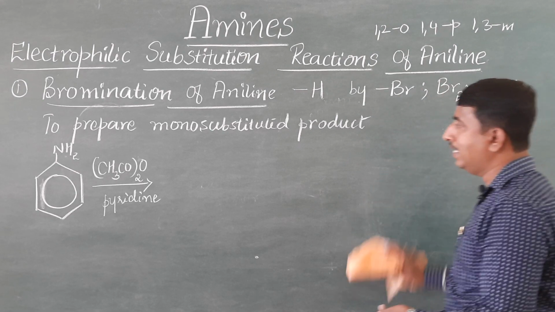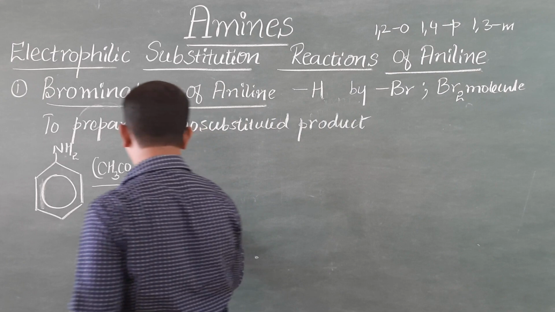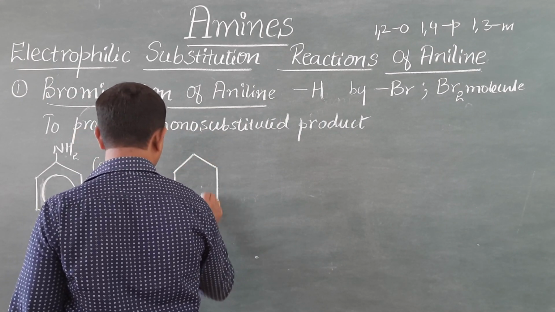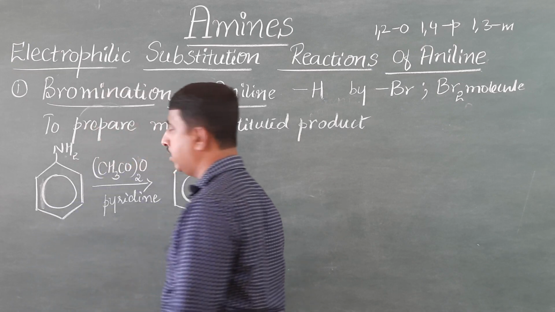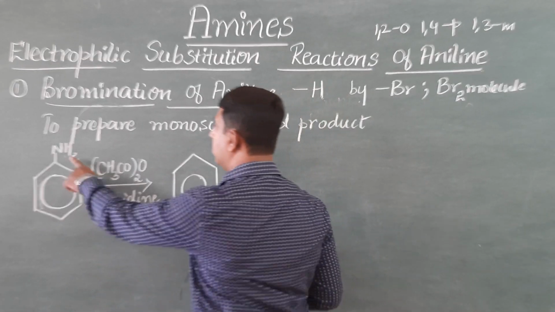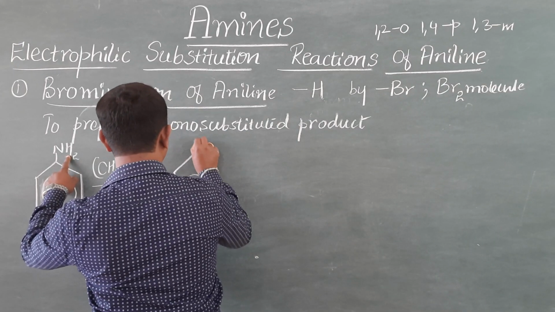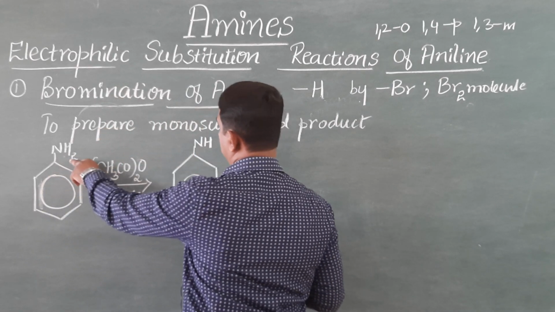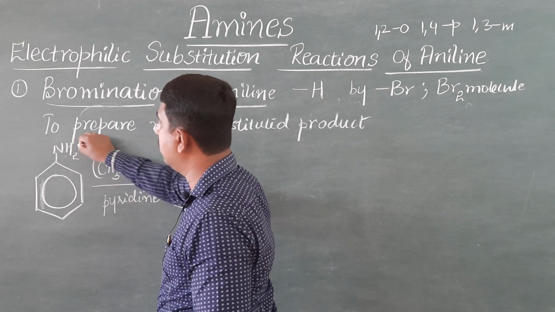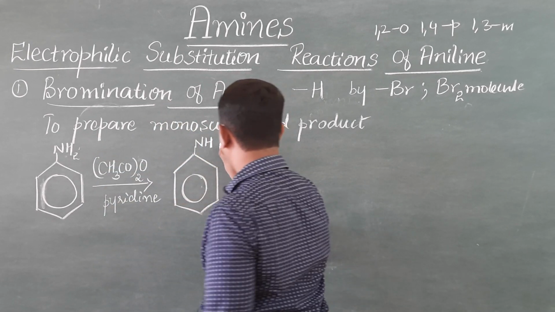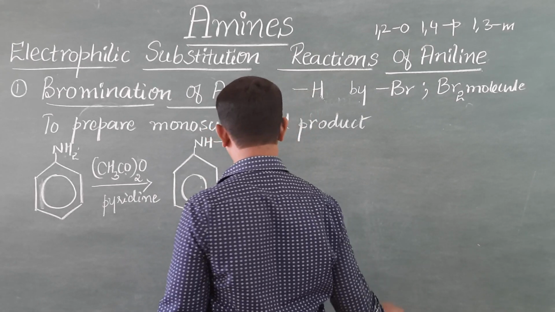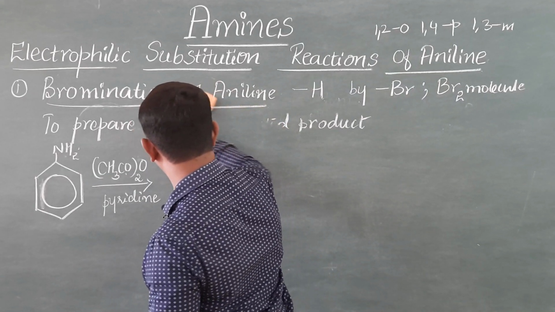Okay, so aniline treated with acetic anhydride will undergo acetylation. Totally here there are two atoms of hydrogen. One hydrogen gets replaced by acetyl group. I will rub this.